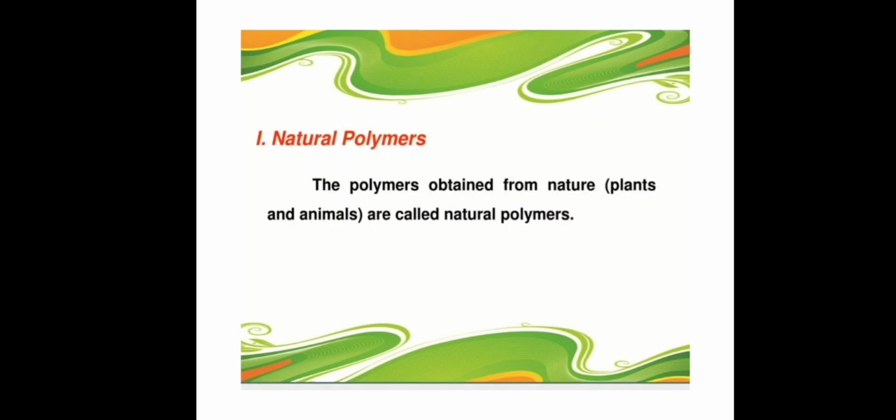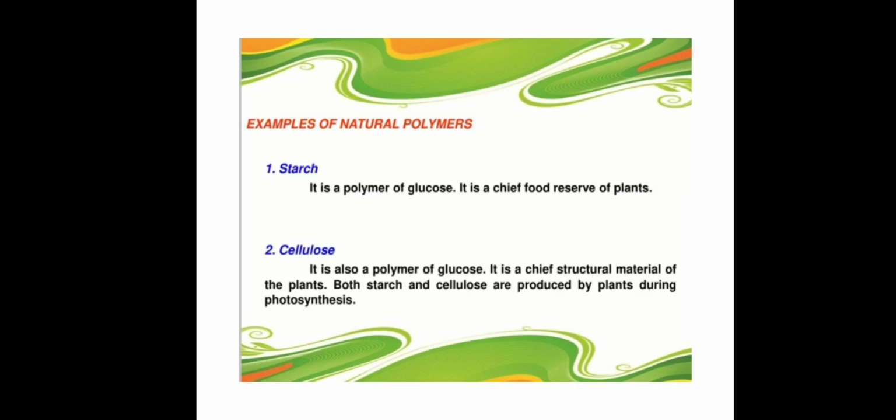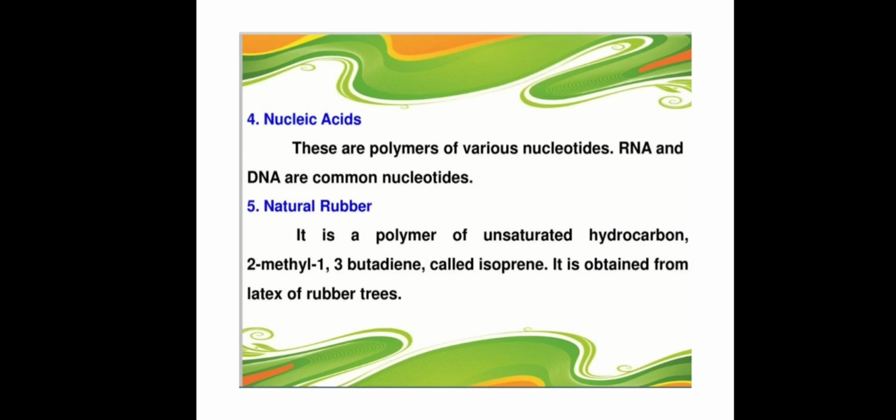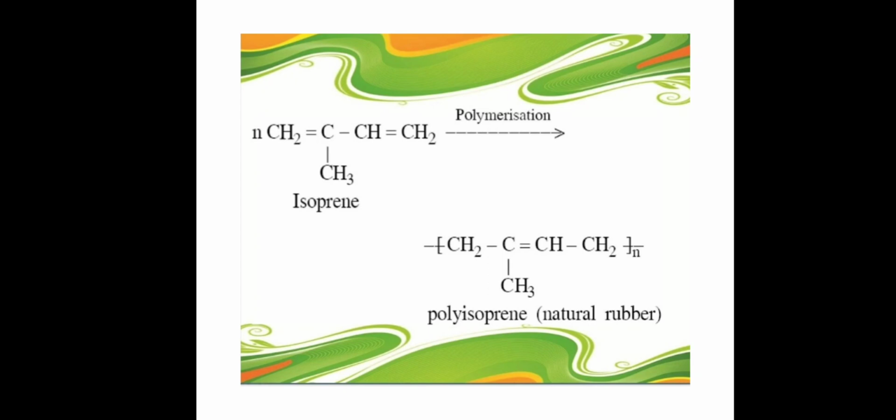Natural polymers. The polymers obtained from nature, for example from plants and animals, are called natural polymers. Here I give some examples: starch, cellulose, proteins, nucleic acids and natural rubber. These all come under natural polymers. Next, isoprene to polyisoprene is natural rubber.